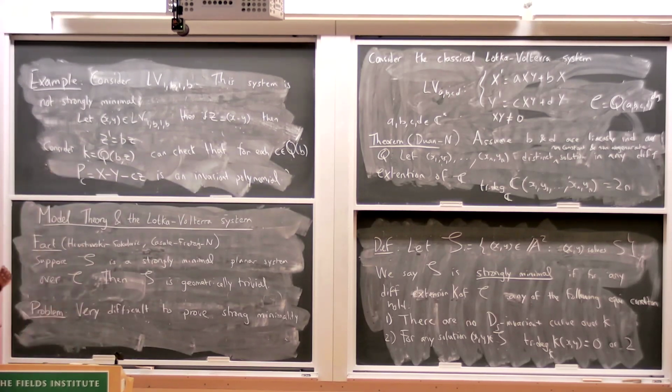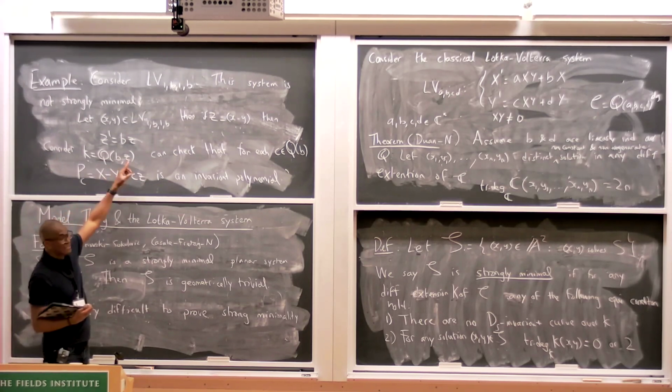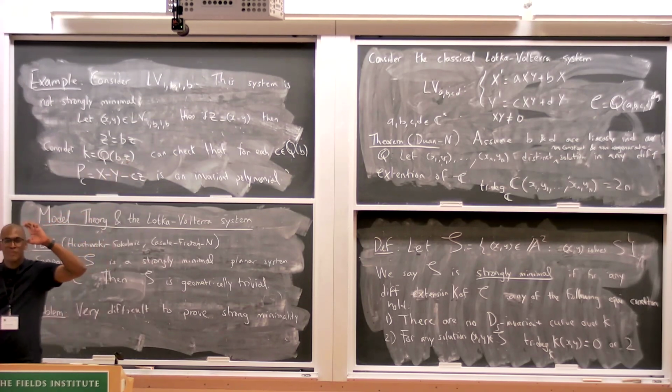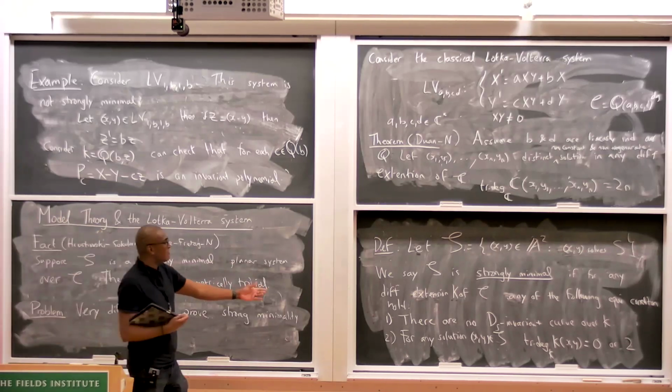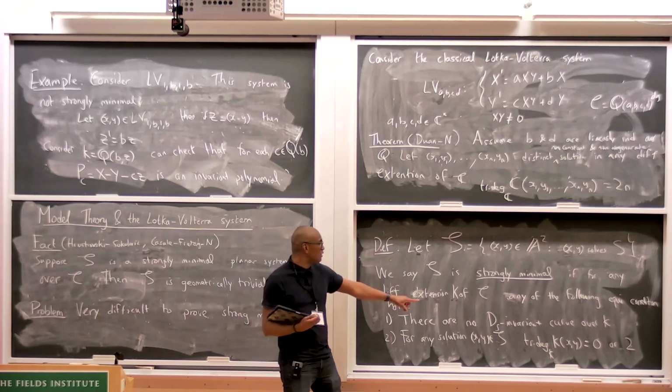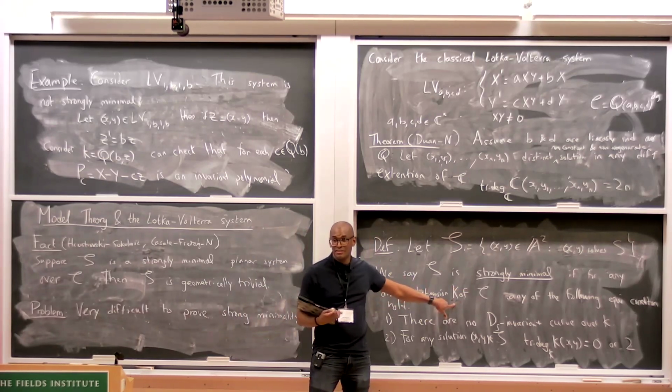Right. And so why does this show the difficulty in proving strong minimality? Well, you see, we've added to our field an exponential function, quote unquote. And after adding that exponential function, that's when we found the invariant polynomial. So the definition of strong minimality tells you to look at any differential field extension.